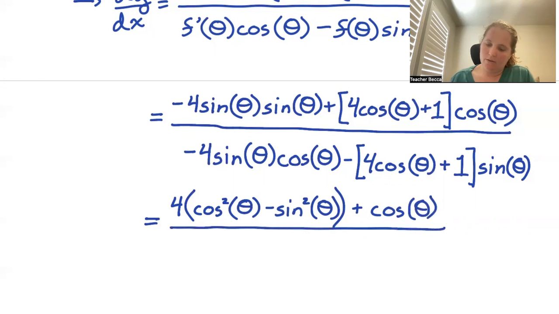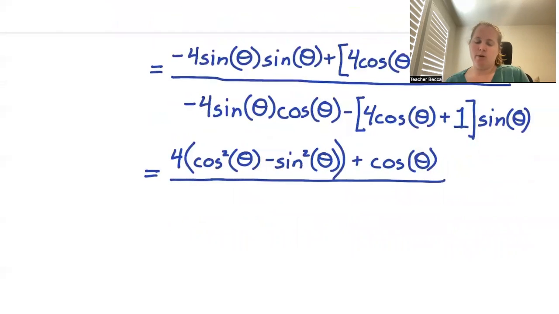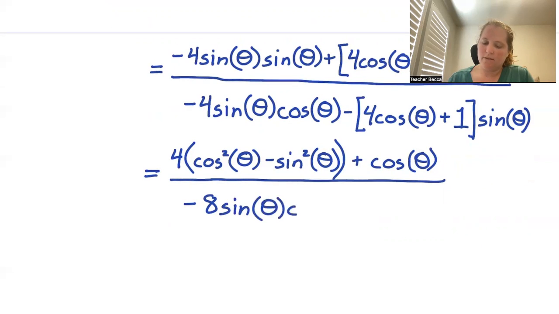And then this is all over, we have a -4 sine theta cosine theta minus a 4 sine theta cosine theta. So we have -8 sine theta cosine theta. And then we have a minus sine theta.